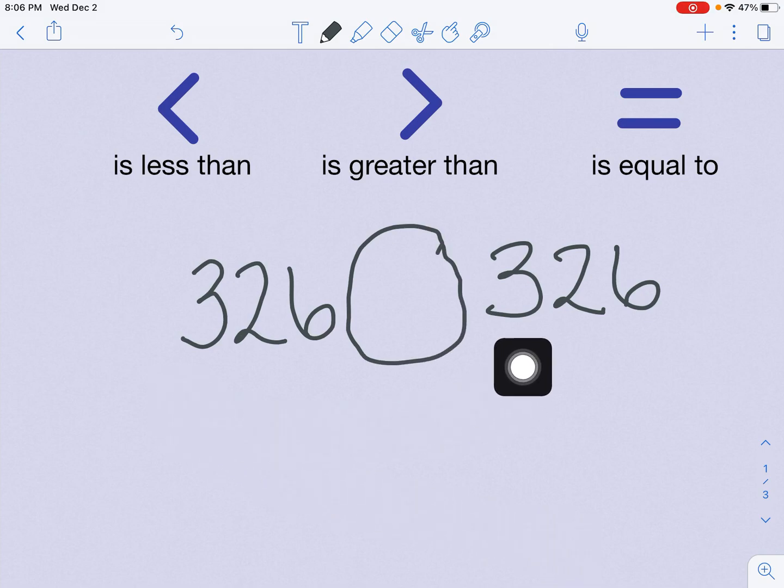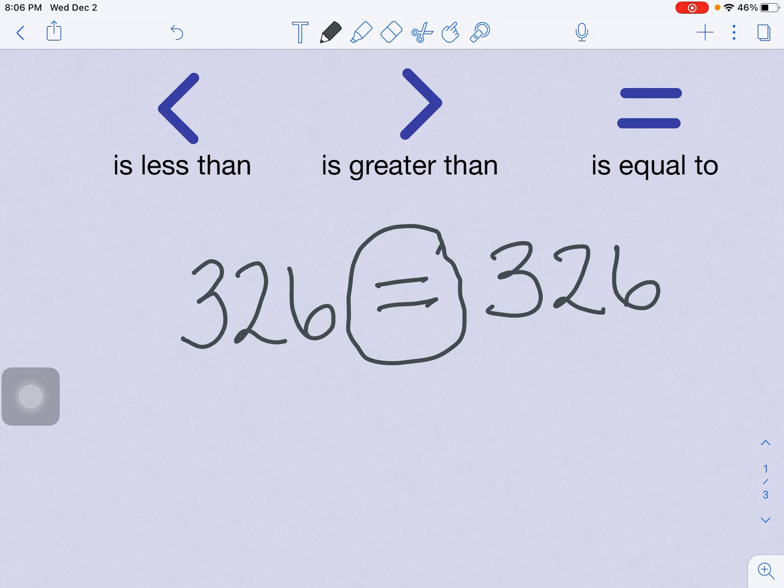They both have the same hundreds. They both have 300s. They both have the same tens. They both have 2 tens. And they both have the same ones. So that is going to mean it is equal to.